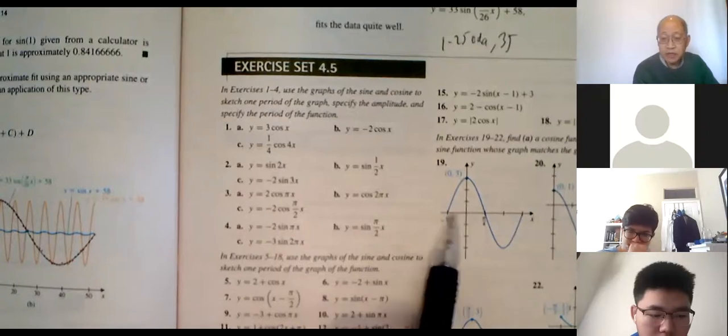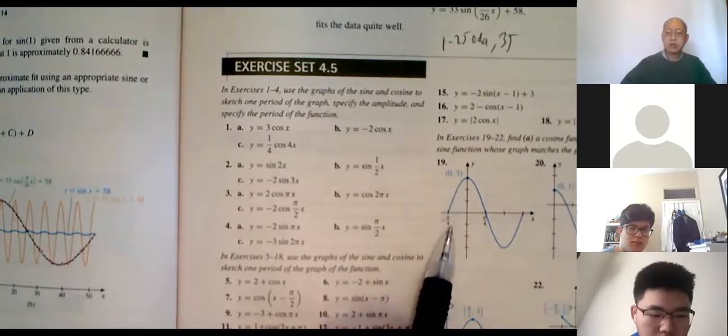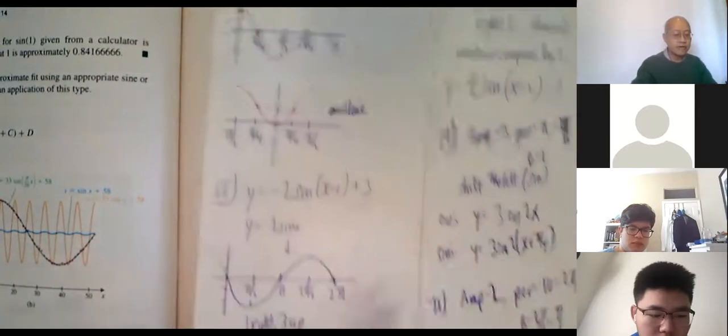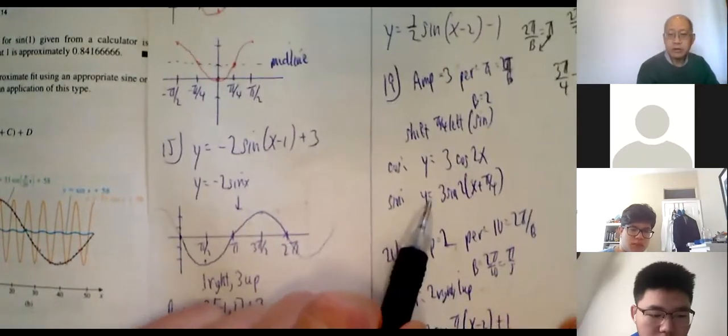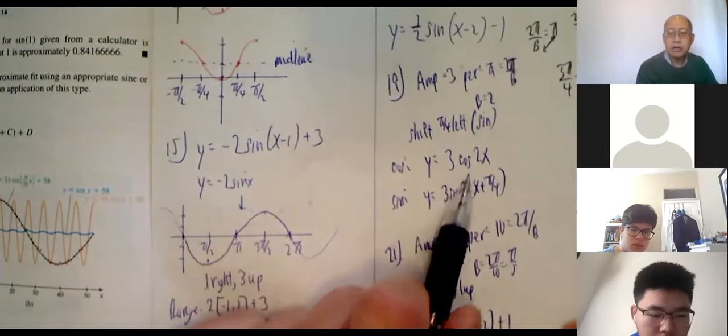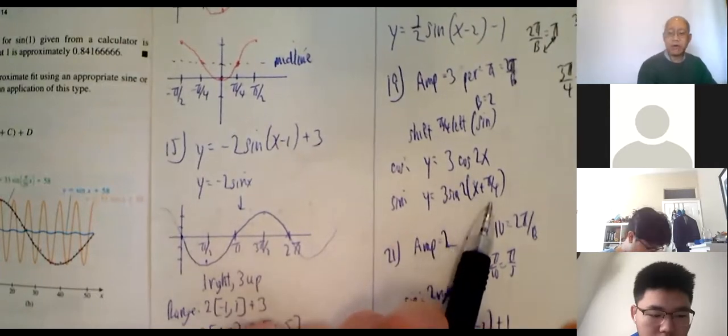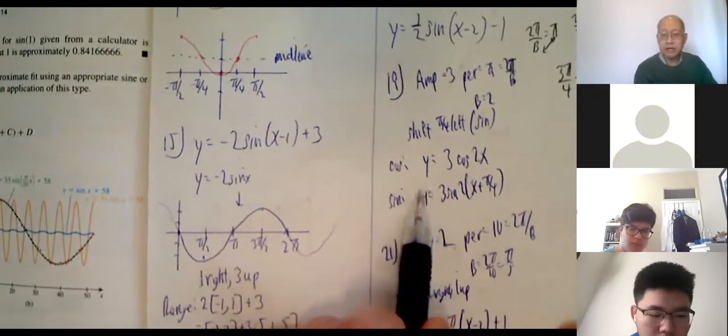So that got shifted to the left, pi over 4. Right? Same amplitude, same period. So a shift of pi over 4 to the left means y equals 3 sine 2 parentheses x plus pi over 4, like that. Okay, so that's the answer for 19.